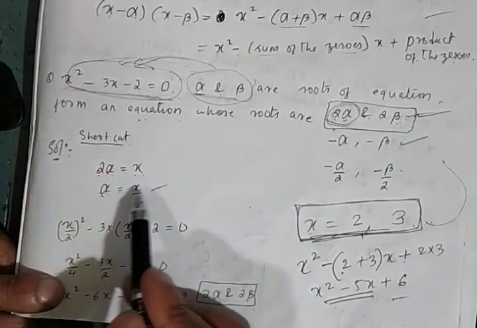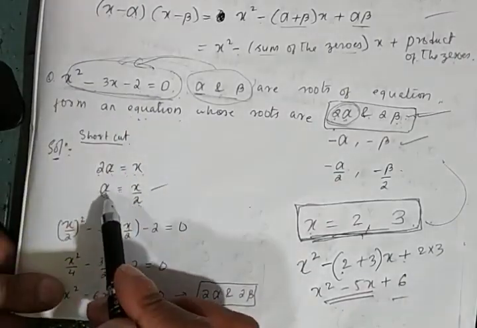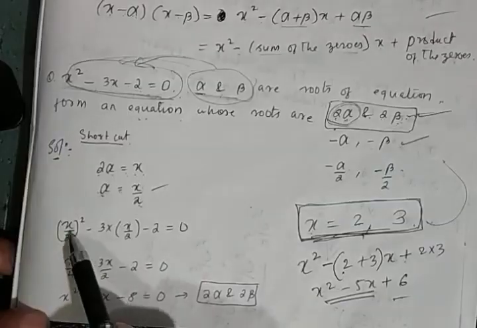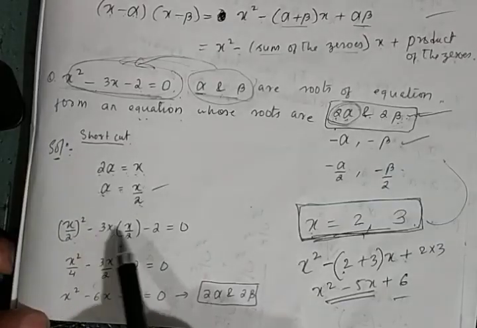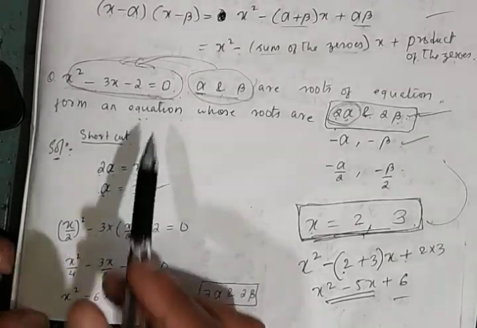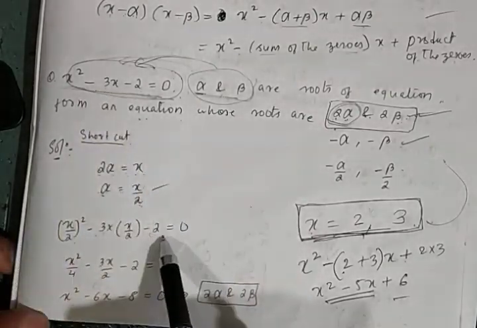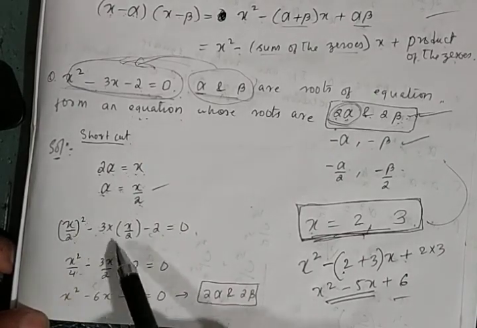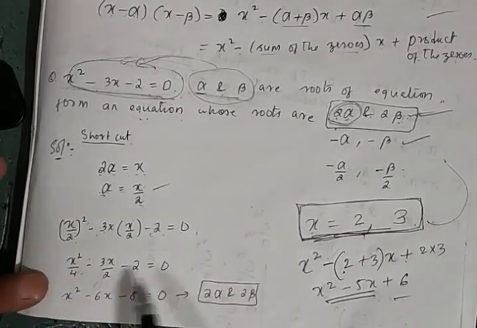So in place of alpha, x by 2, I'll put here. So x square means (x by 2) square, minus 3x means 3 into x by 2, minus 2 equal to 0. x square, 2 square is 4. Take LCM.